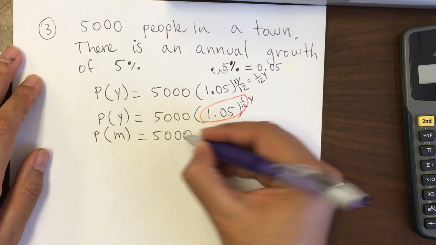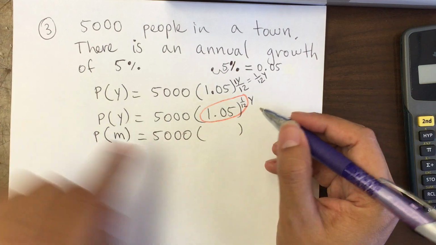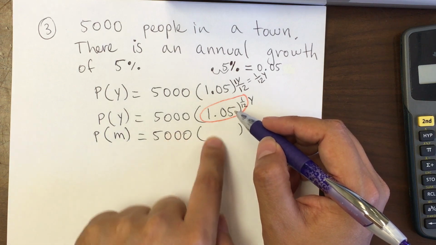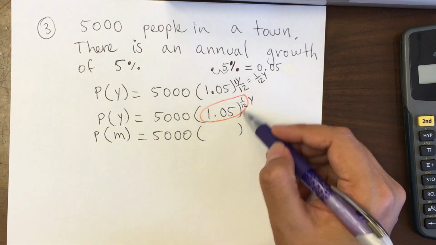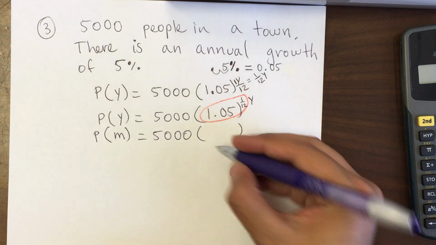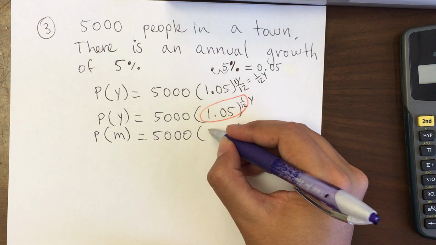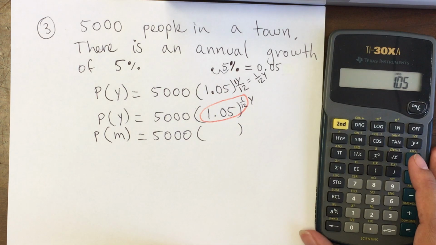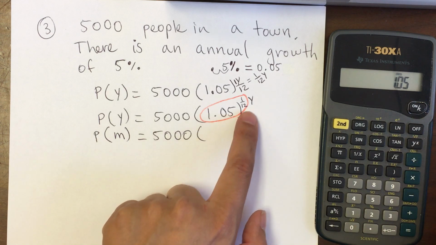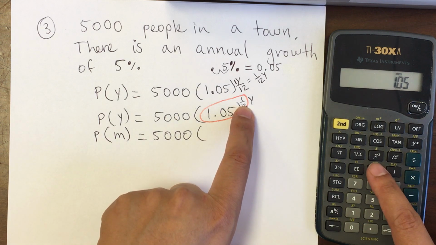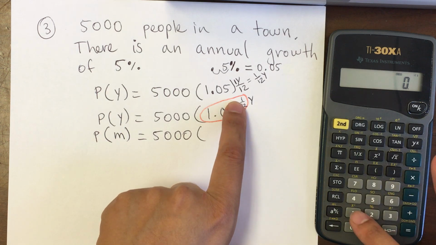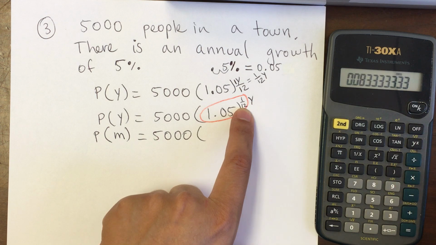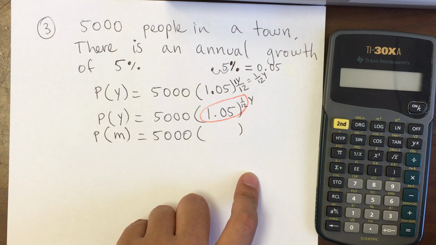And so it's going to be, notice how we're just trying to manipulate this. We're not working in reality with the population, okay? But we want to know what happens each month. So we're going to say that it's going to be 1.05 to the power of, in here we're going to open a parenthesis, put a 1, divide by 12, and then we close the parenthesis and hit equal.